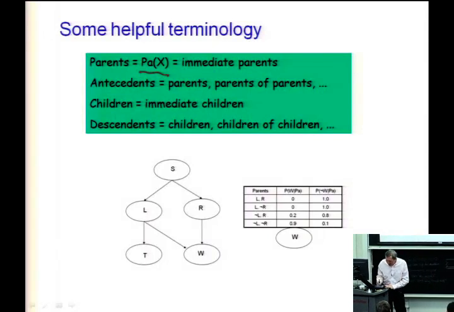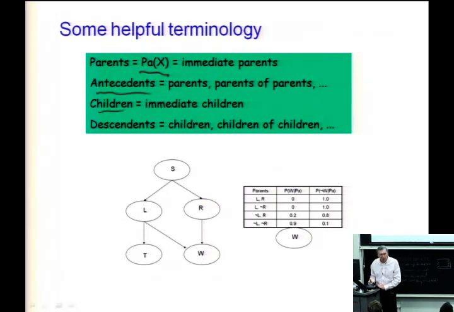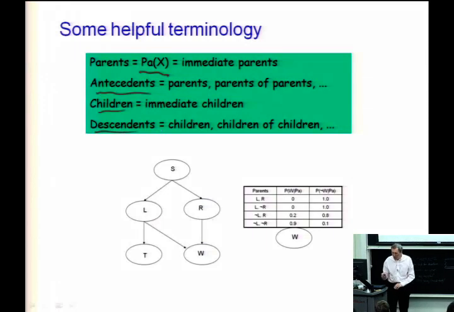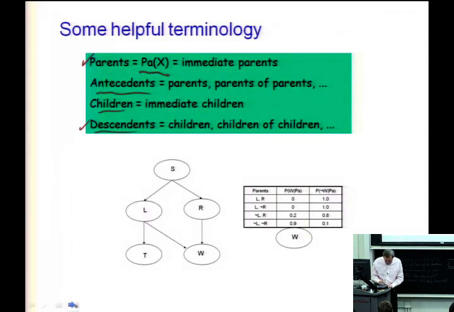When I want to talk about its immediate parents plus their parents plus their parents, I'll use the term antecedents. Similarly, when I say children, I mean the immediate children. And when I want to talk about children plus grandchildren plus great-grandchildren, I'll use the term descendants. Mostly we'll be talking about parents and non-descendants. Okay, just to keep our terminology straight.